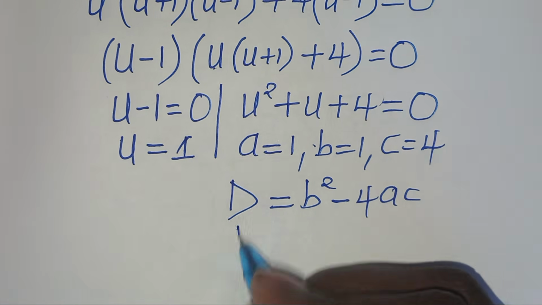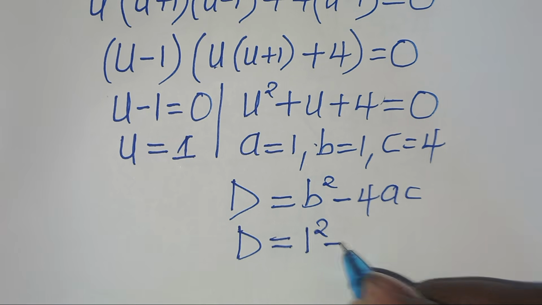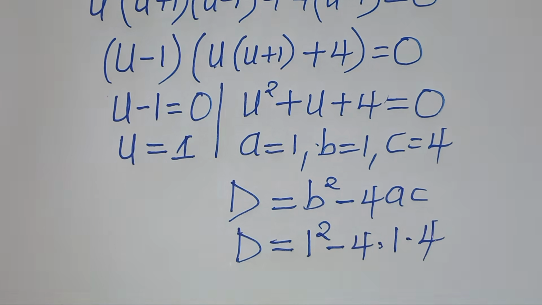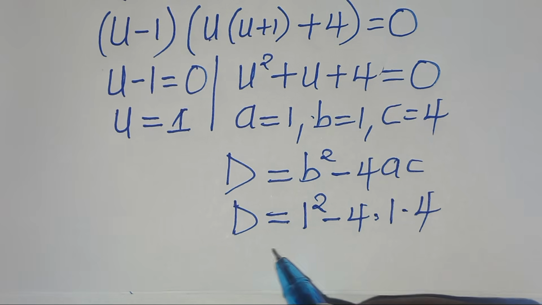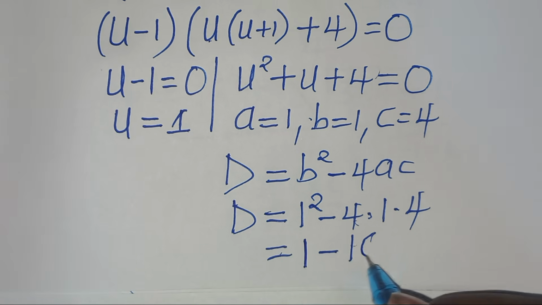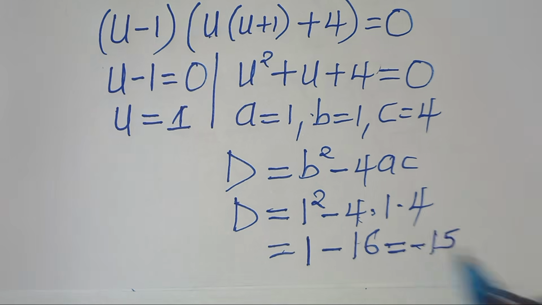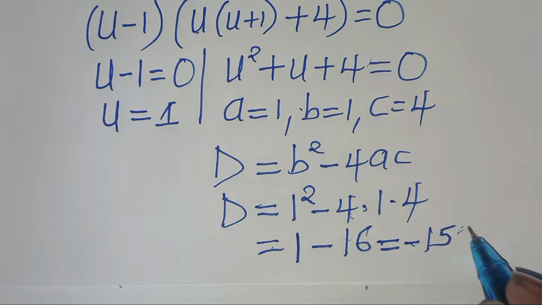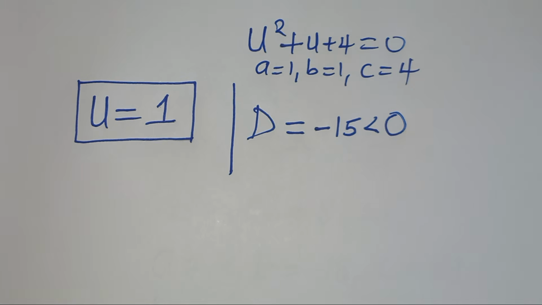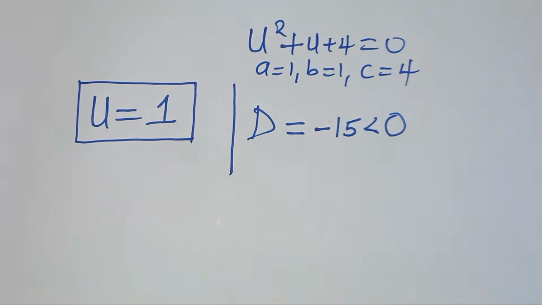So we have the discriminant value equal to 1 squared minus 4 times 1 times c, which is 4. So that we have 1 squared, this is 1, minus 4 times 4, which is 16. And this means we have negative 15, which is less than 0.